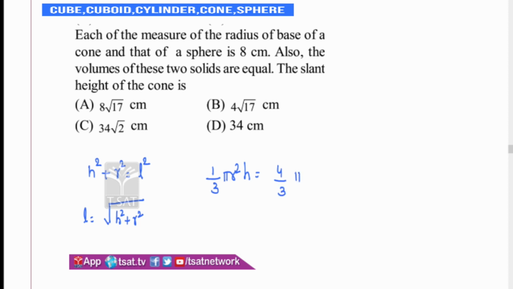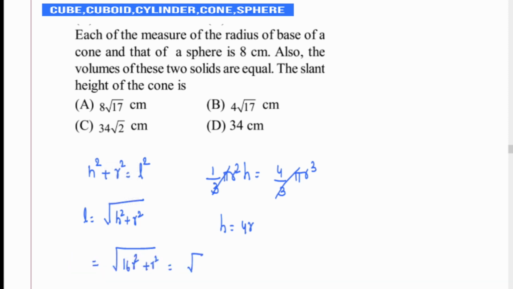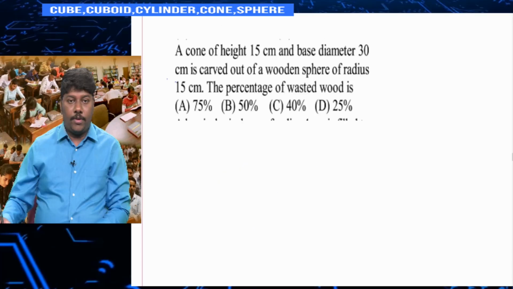Radius is anyway the same, pi by 3 cancels. So you are left with h is equal to 4 times r. Substitute here: 16 r square plus r square is 17 r square, which is root 17 into r. The value of r is 8. So 8 root 17 is the slant height of the cone.